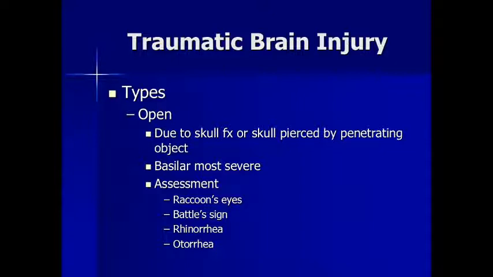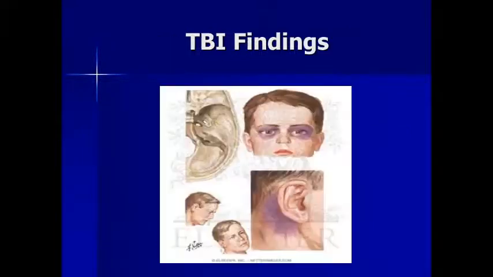So we definitely test the same way, either by dextro stick, letting a little bit of that fluid fall on a glucose strip, or letting a little bit of the blood from the ear fall on a 3x3 or 4x4 and watching for the halo sign. So up here we can see the rhinorrhea, the otorrhea, the battle sign, and the raccoon's eyes.